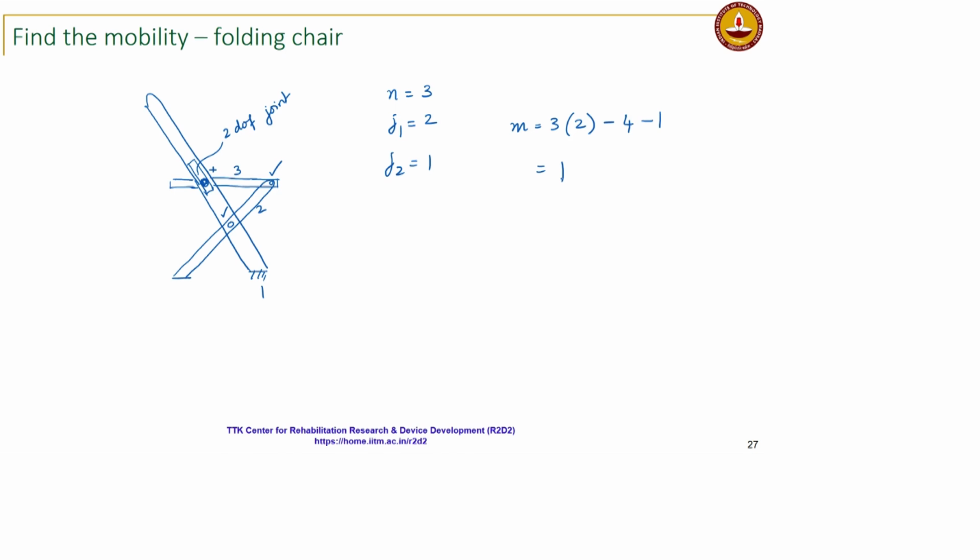For most planar linkages, the joints that you are going to encounter are your revolute pair, prismatic pair, rolling or a cam pair.